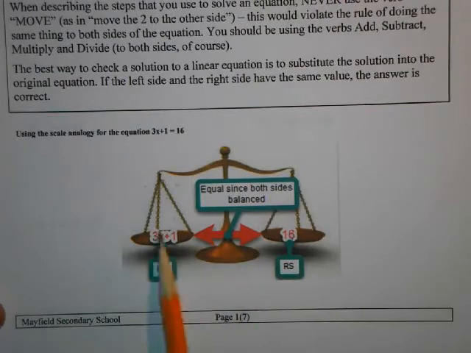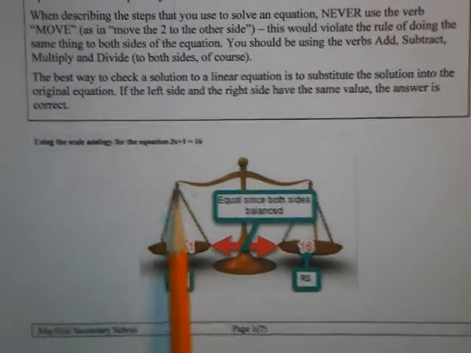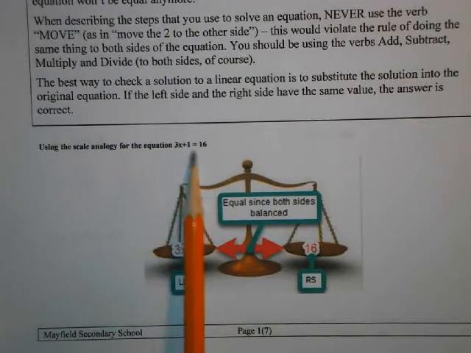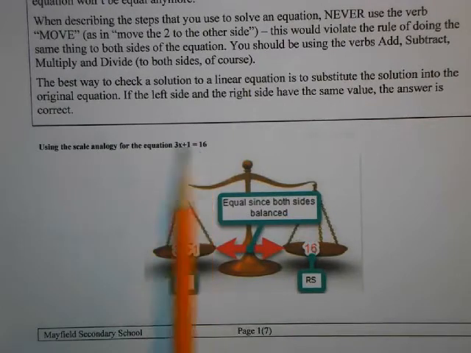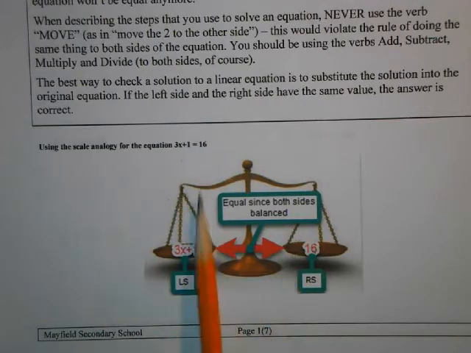So when you have this scale, you've got a left tray and a right tray. When we have equations, for example, if we had the equation 3x plus 1 equals 16, I could bring this equation down to the scale. The left side of the equation I put into the left tray, and the right side of the equation, 16, I put into the right tray.